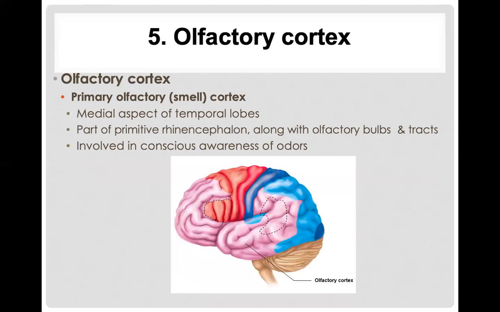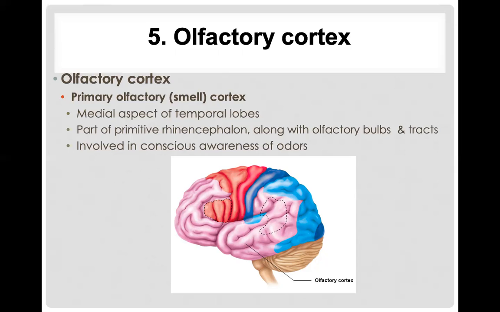Olfactory cortex is also localized in your temporal lobe. It doesn't have that significant breakdown as you would see in terms of your auditory or your visual or your somatosensory. You have an area within your temporal lobe that is associated with your sense of smell.